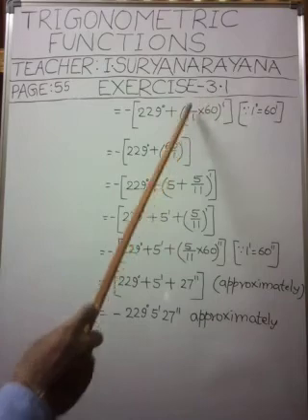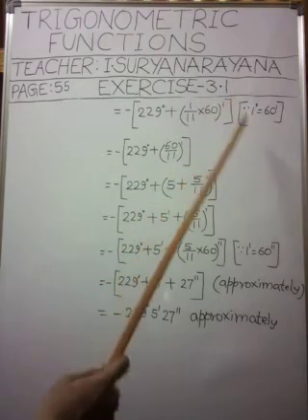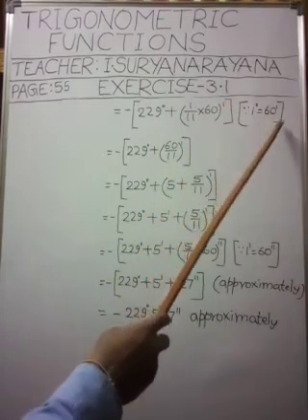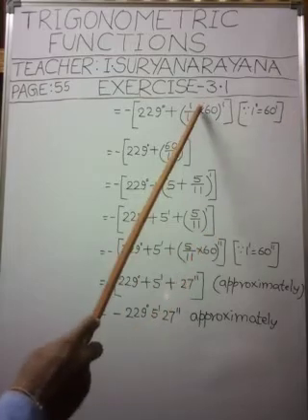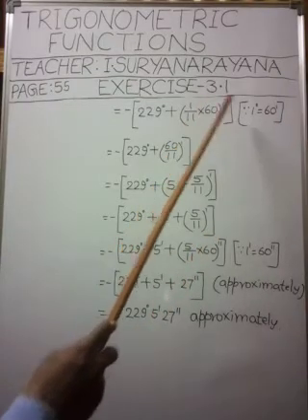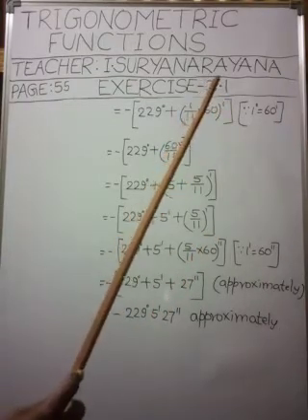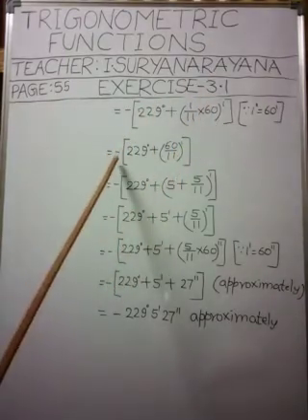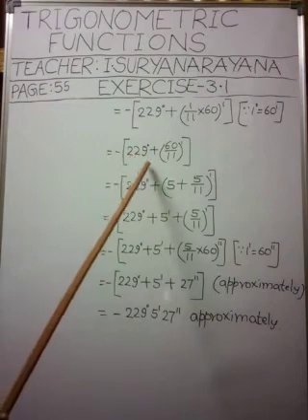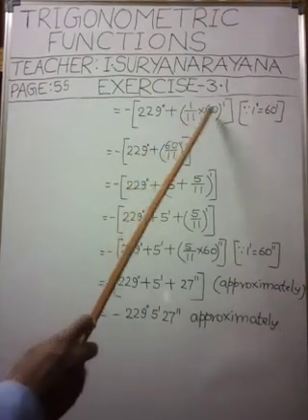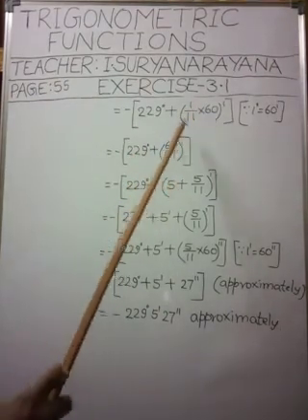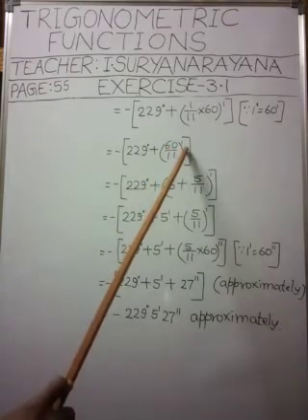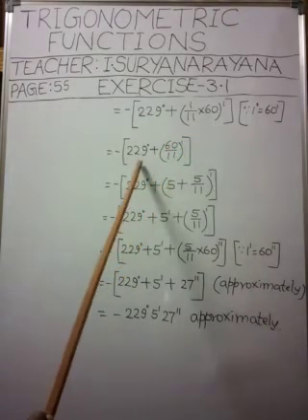Here we converted this part into minutes, because 1 degree is equal to 60 minutes. 1 by 11 degrees is converted into minutes. Understood this part? That is equal to minus of 229 degrees plus, by simplifying these numbers, 60 by 11 minutes. Understood this step?